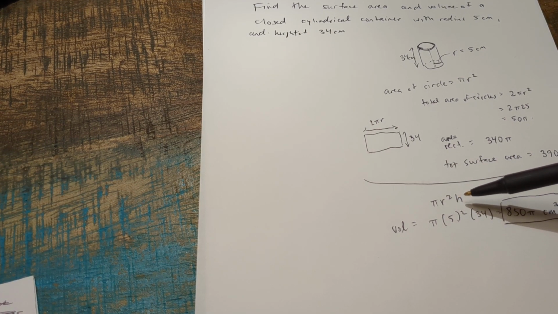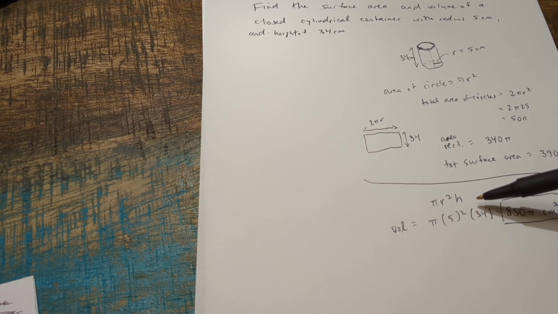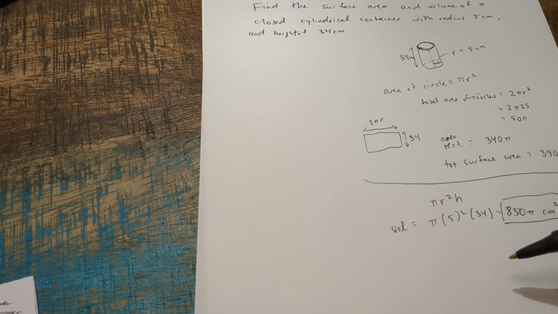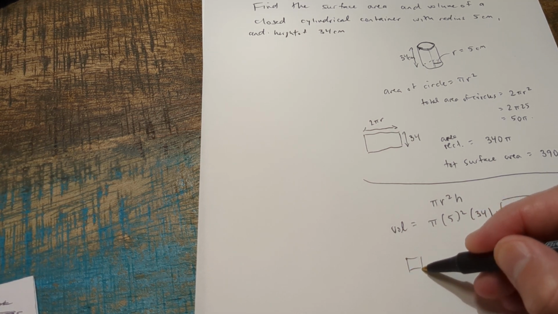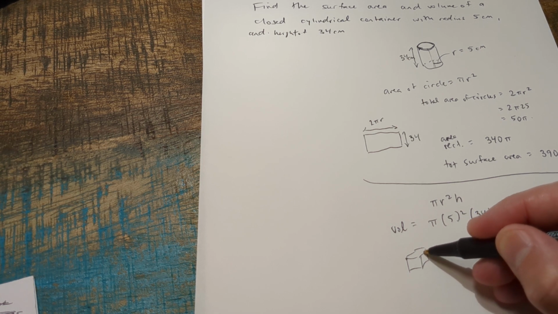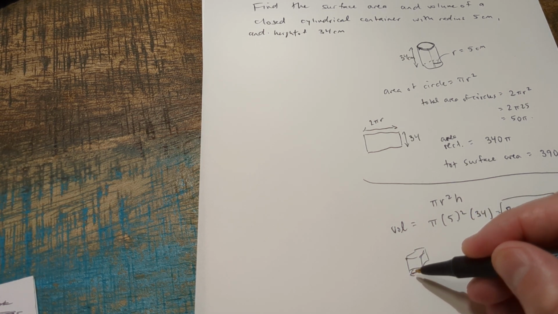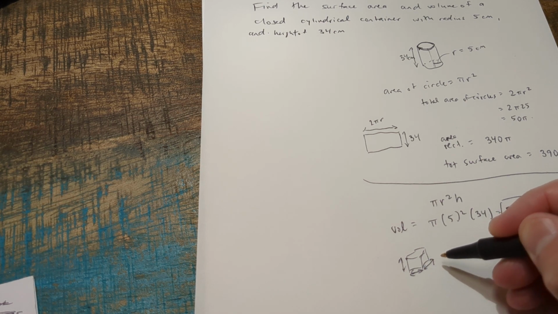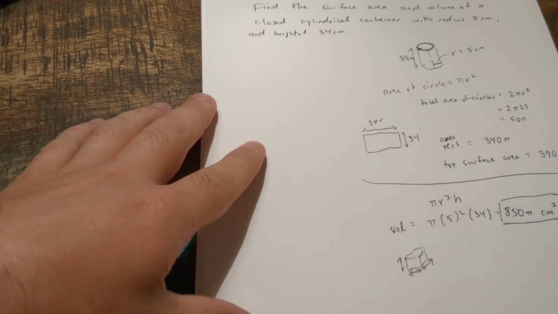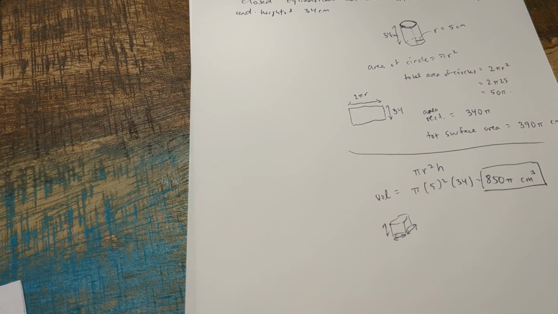If you ever forget this, one way to think about it is I compare it to the volume of a box. You have 3 dimensions: height, width, and depth. And a volume, by definition, is a 3-dimensional measurement.